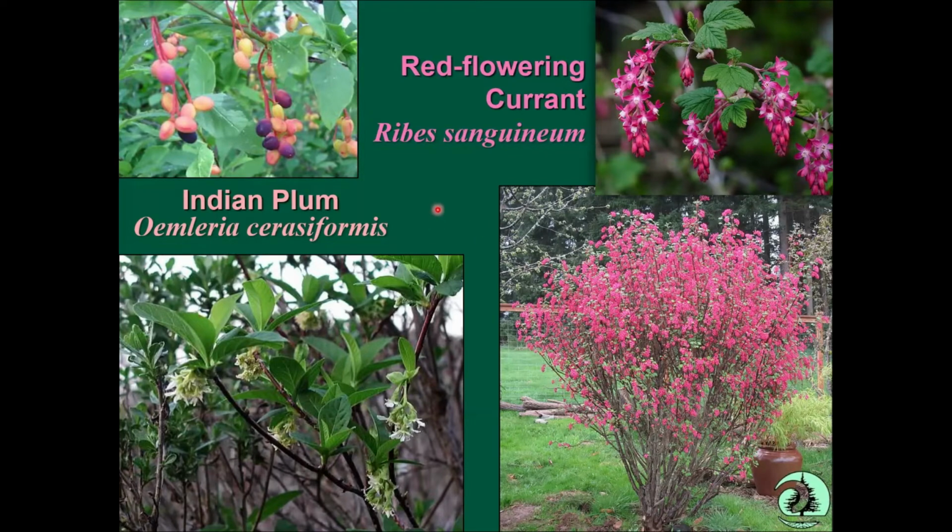I think everybody should have these two in their yard. The Indian plum does create this drupe of plum fruits, which is mostly a seed. They are quite bitter, but edible. I like to try all of my wild fruits, but I do leave most of them for the birds.